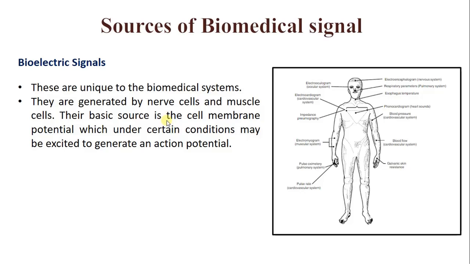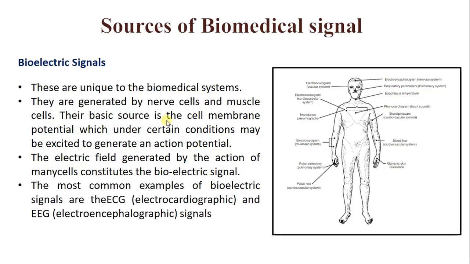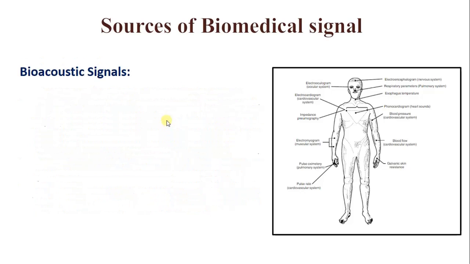We will see the whole process of bioelectrical signal generation, like how action potentials and resting potentials are generated by the cell. The electric field generated by the action of many cells constitutes the bioelectric signal. The most common examples of bioelectric signals are the ECG, that is electrocardiograph, and the EEG signal, that is electroencephalograph signal.